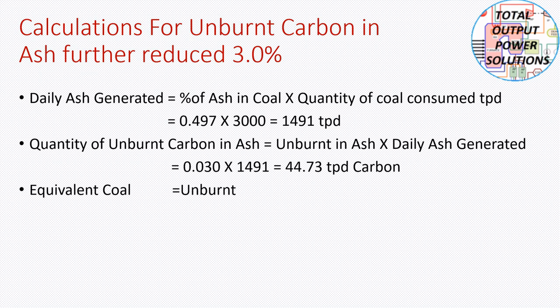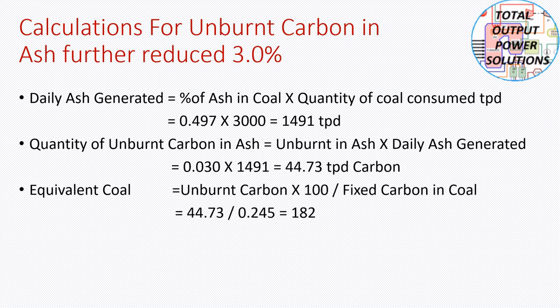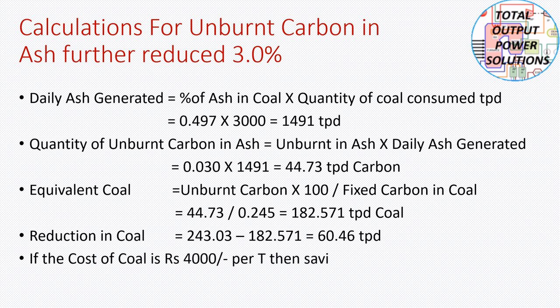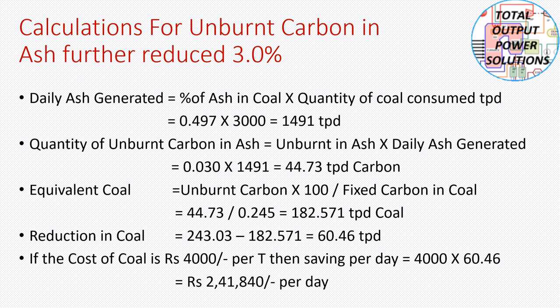That much carbon was there, and if you make it equivalent to coal, that will be around 182.571 tons per day, this much amount of coal. So the reduction in coal would be around 60.46 tons per day. So if the cost of coal is 4,000, then the same calculations here, and you see that you are saving around 2,41,840 rupees per day.